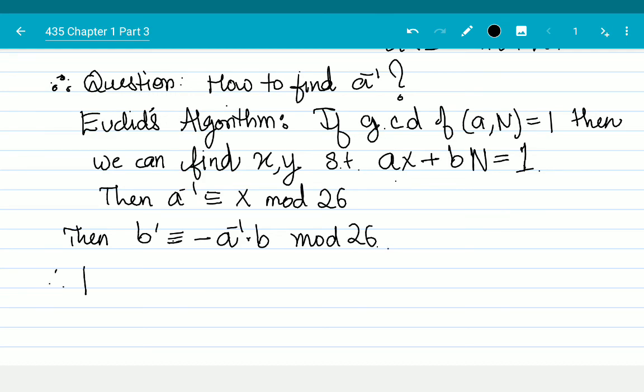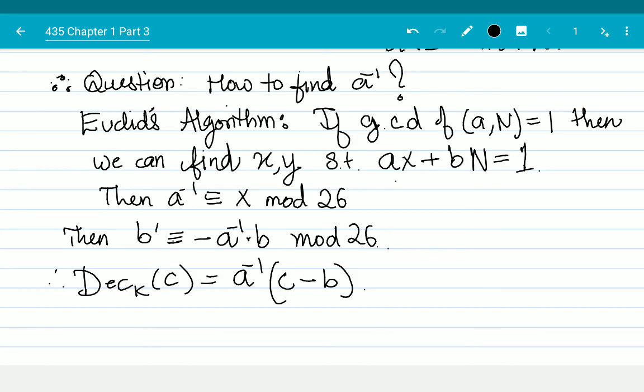And therefore the decryption algorithm, decryption of c, is simply going to be a inverse of c minus b.